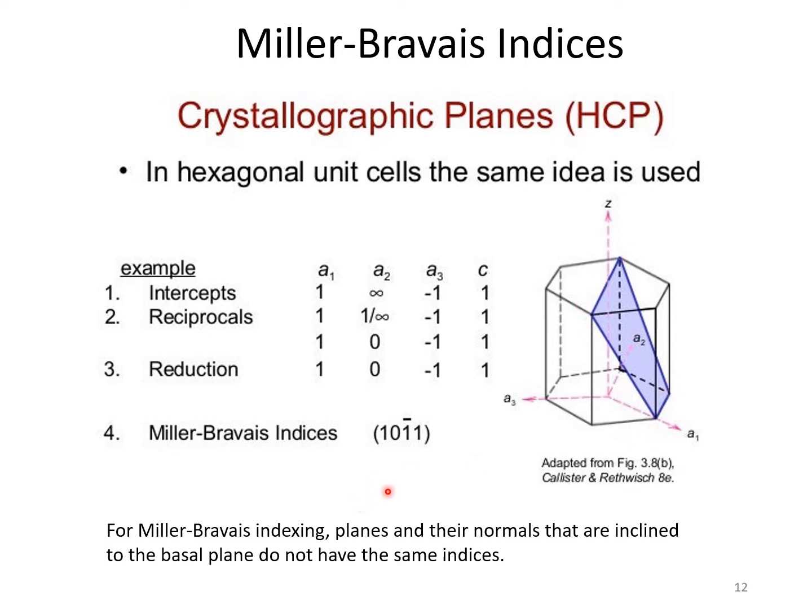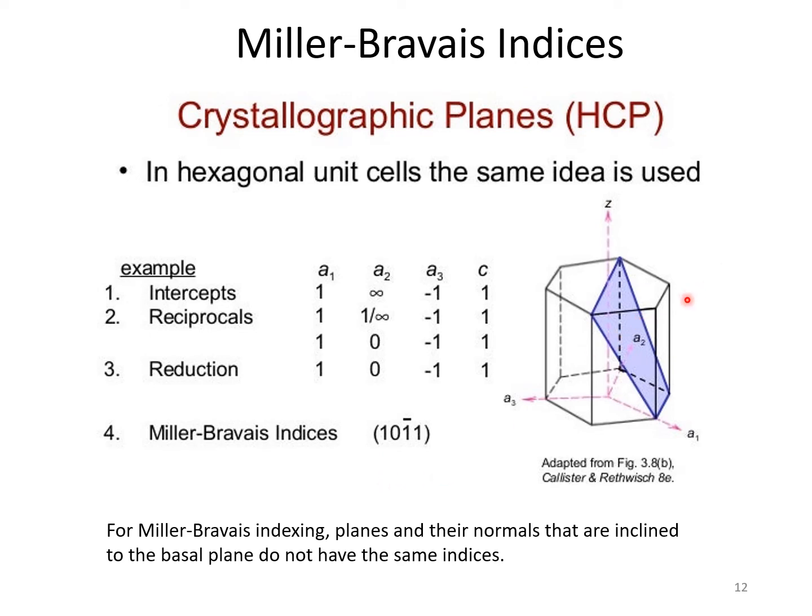One thing to note, whereas in an orthogonal system, the cubic system, the indices of the vector which is normal to the plane has the same indices as the plane. When you go to this Miller-Bravais system, that's not true anymore.